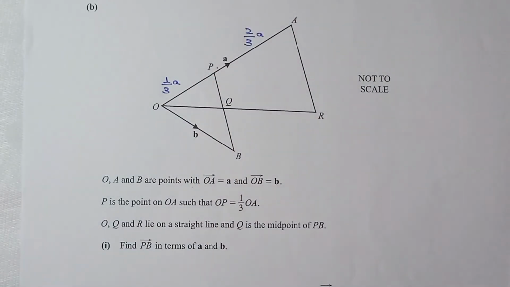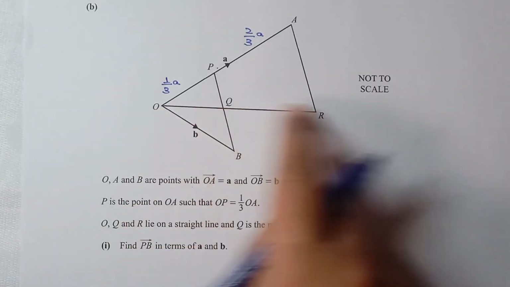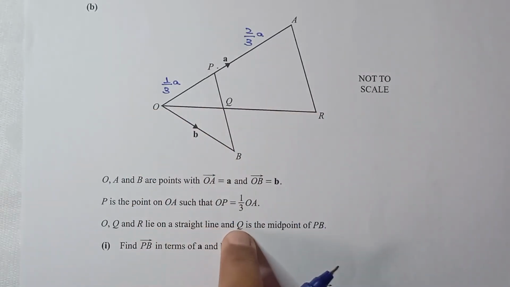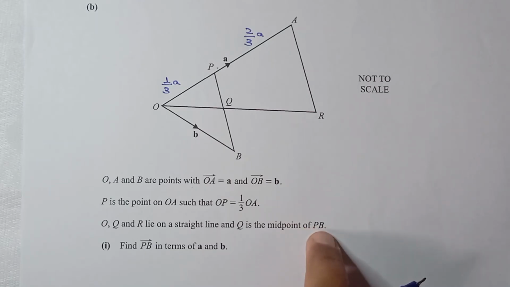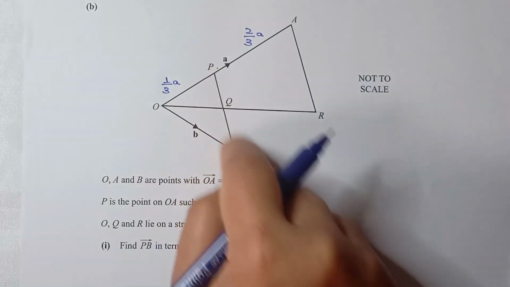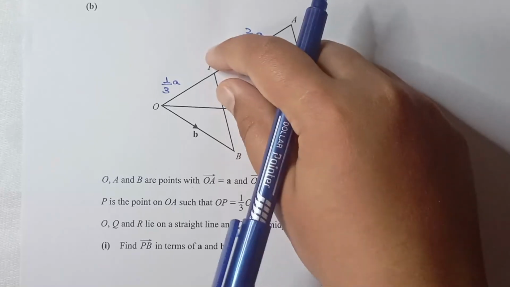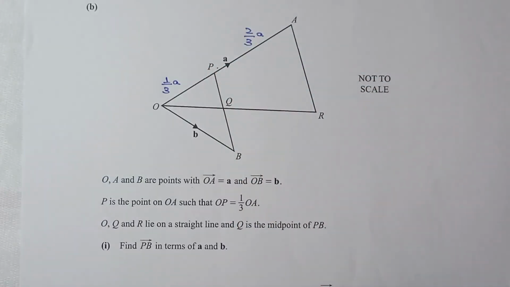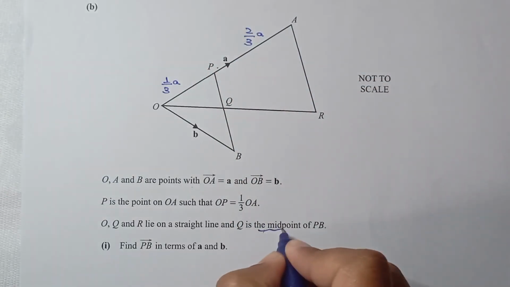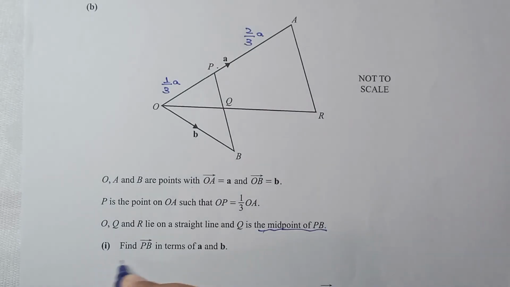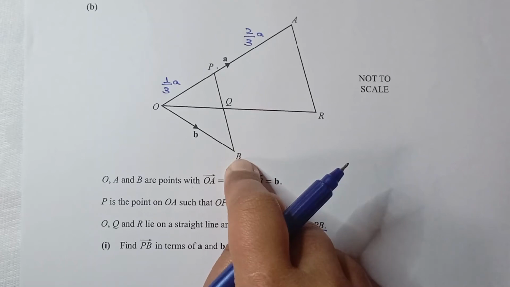Right? Okay, now O, Q and R lie on a straight line, and Q is a midpoint of PB. So this and this would be the half, right? Because it is a midpoint. Now in the first part, find PB in terms of A and B. So P to B, we need to find PB.